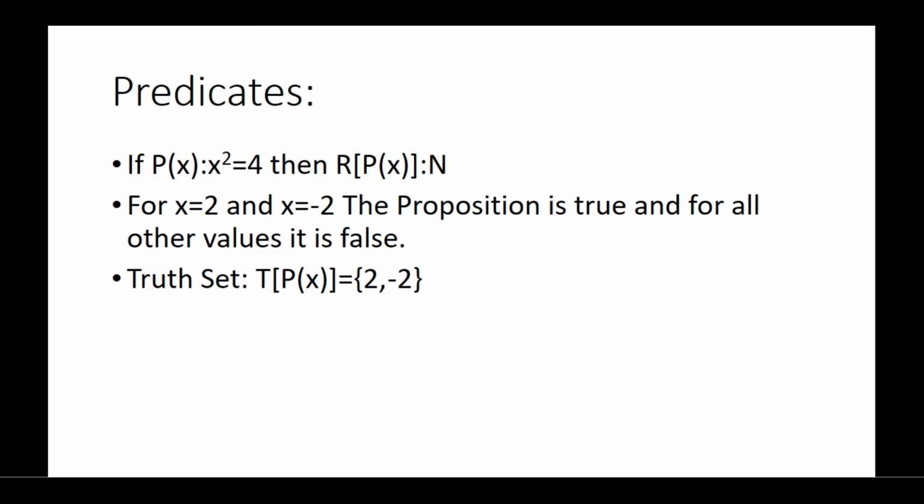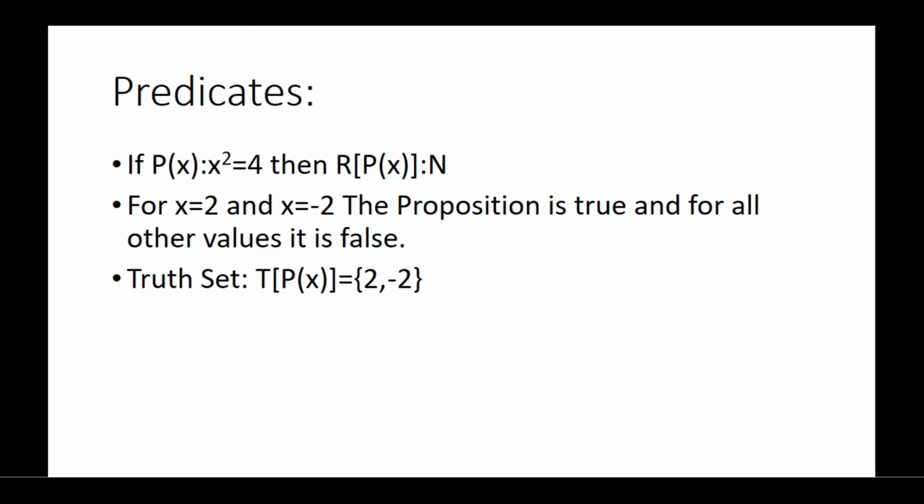If you take integers instead of natural numbers, then 2 comma minus 2 are also true solutions. The set of all those values of x in the replacement set which make the predicate p of x a true proposition is called the truth set or solution set of p of x.